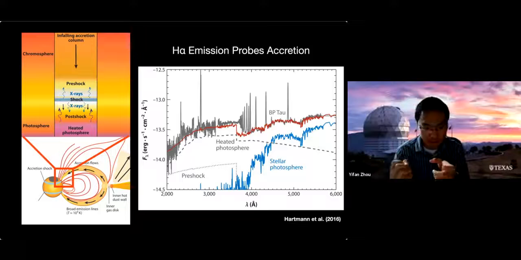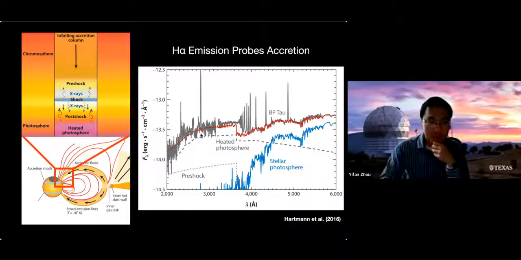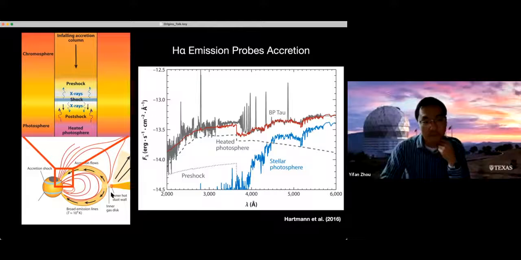In this model, the material is launched from the truncated circumstellar disk. It follows the magnetic field of the star and falls all the way onto the stellar surface. This accretion flow has a nearly free-fall velocity when it falls onto the stellar surface.